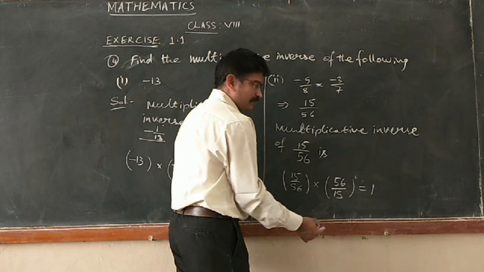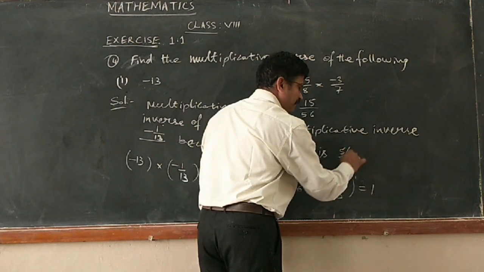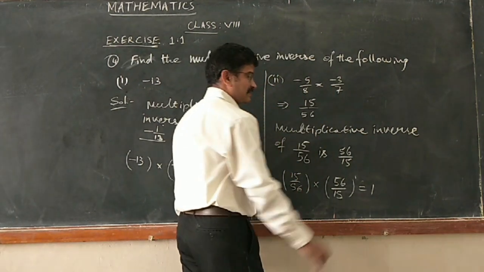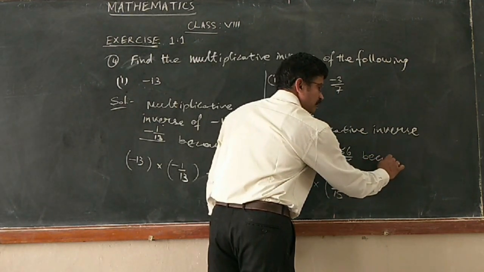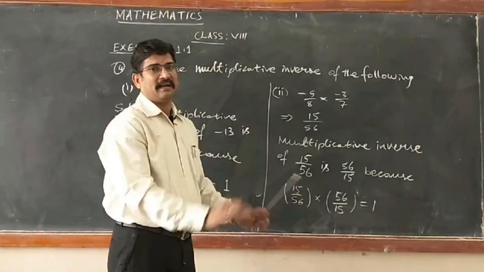That's it. So because of this reason, 56 upon 15 is the multiplicative inverse of 15 by 56. So that's it. This way if you can write, enough.